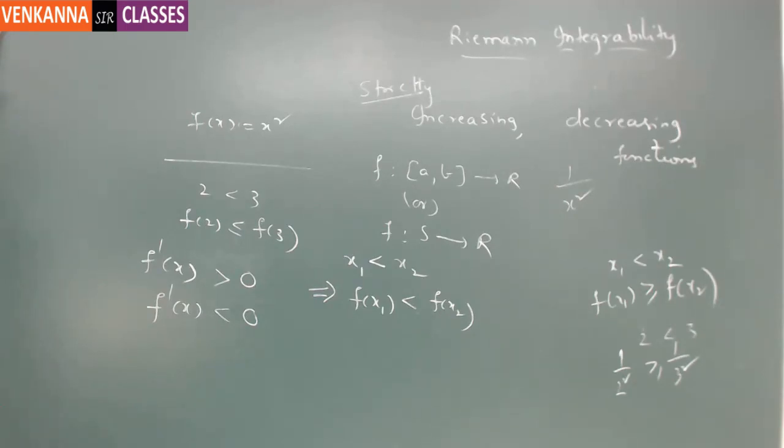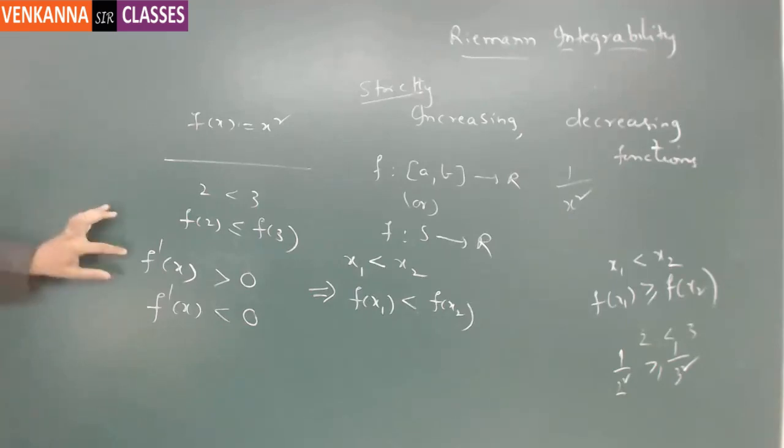Now, let us do some problems based on this concept. To know the nature of the function, whether it is increasing or decreasing, you calculate the derivative. If f dash of x is positive, it is increasing. If f dash of x is less than 0, it is decreasing. Okay? So let us take some of the problems on it.